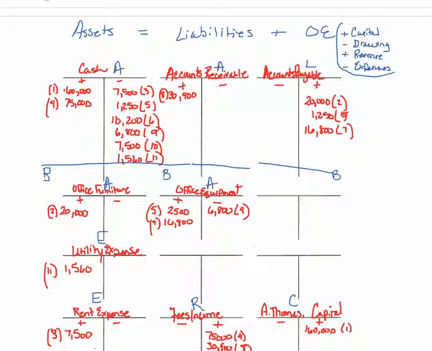Office furniture is an asset. The balance is going to be on the left-hand side. They call that the normal balance. There are times when you have an abnormal balance, but not very often. Office equipment, the balance is going to be on the left side. Expenses are going to have the balance on the left-hand side.